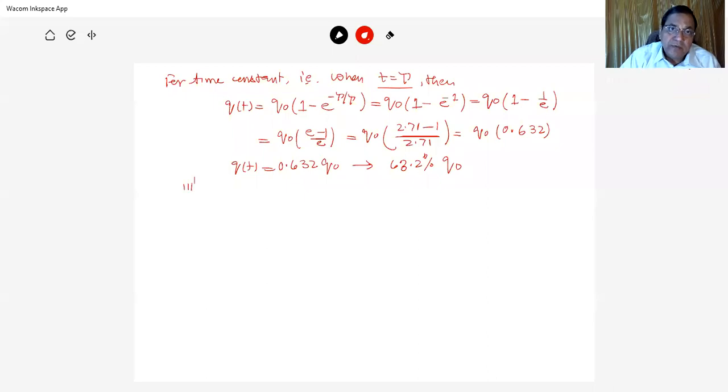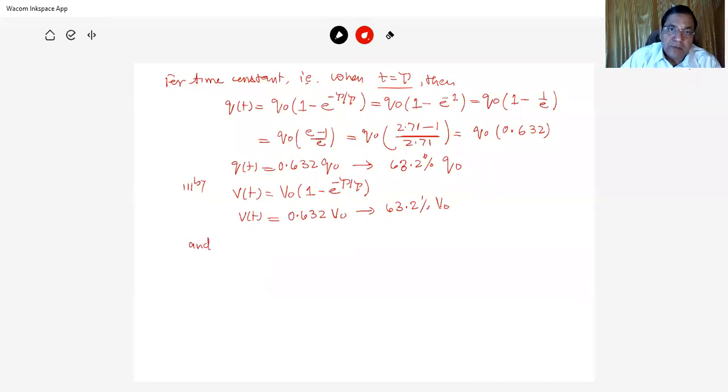Similarly, V(t) is V0 (1 minus e raised to the power minus tau by tau), that is 0.632 V0, that is 63.2% of V0.